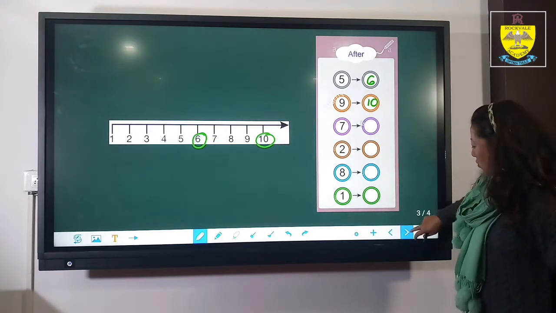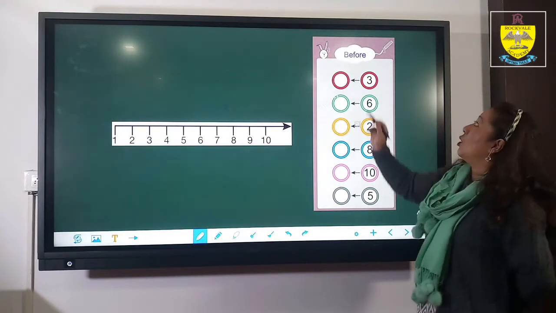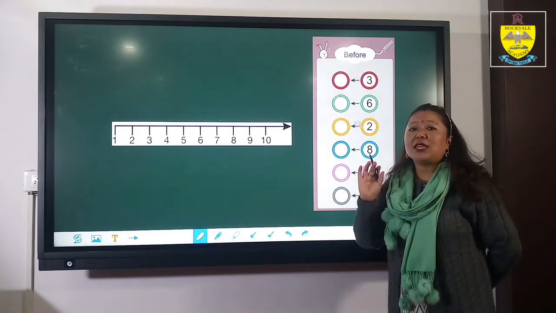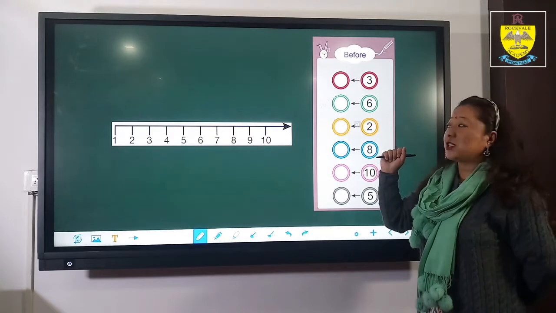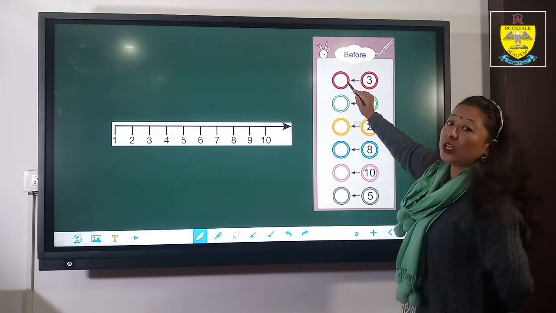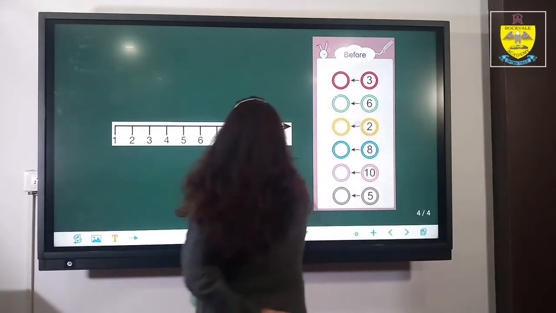Okay. Now let's look at the last exercise. What comes before? For this, you have to be very careful. You have to do backward counting. So, what comes before 3? So, let's do backwards counting.